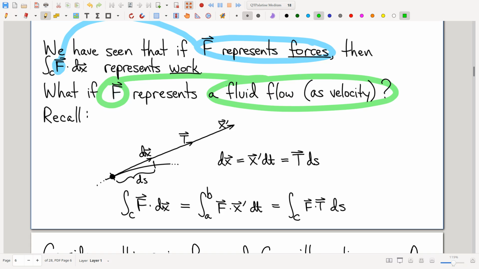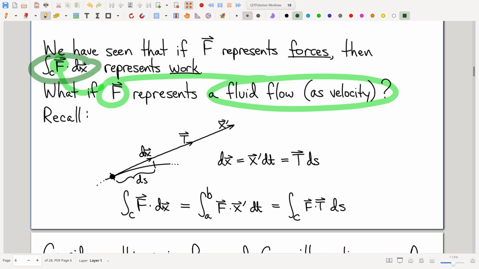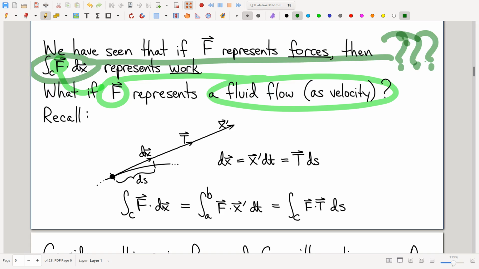So if we take the assumption that our vector field here is a velocity, the looming question then is, what's a vector line integral? It's not work because there's no force.